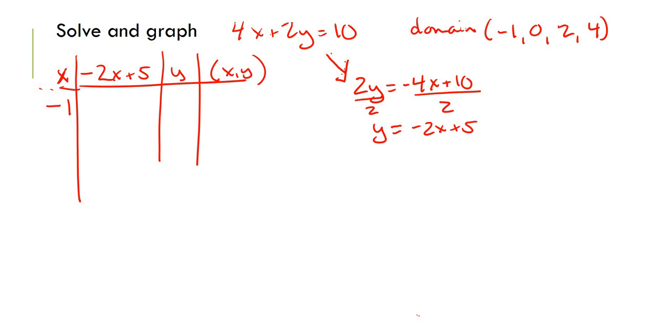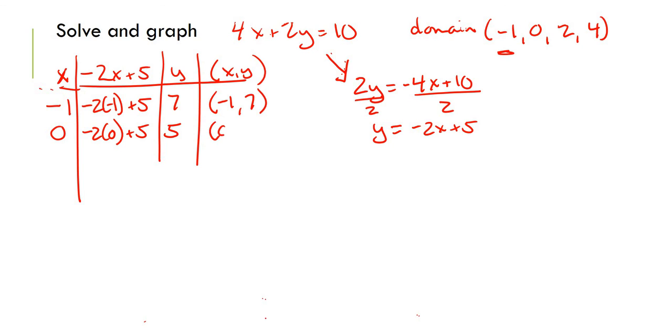So negative 1 is what I'm going to start with from my domain over here. Negative 2 times negative 1 plus 5 is 7. Negative 1, 7. 0. Negative 2 times 0 plus 5 is 5. So 0, 5. So I've done the first two.